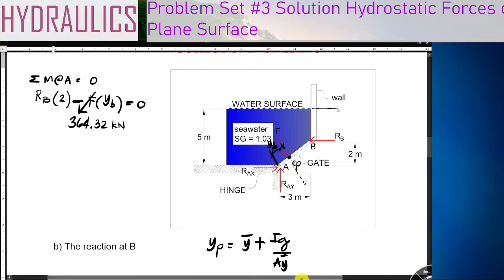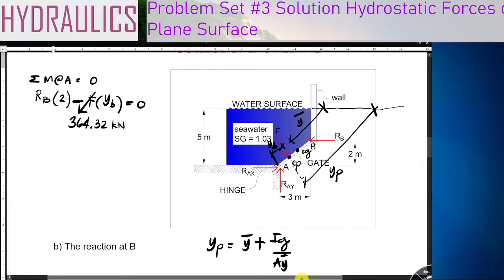If I project it here, an imaginary line going there, this is Y sub P. Now what is Y bar? Y bar is simply the location of the center of gravity, CG, to the water surface. So from here to here is our Y bar.